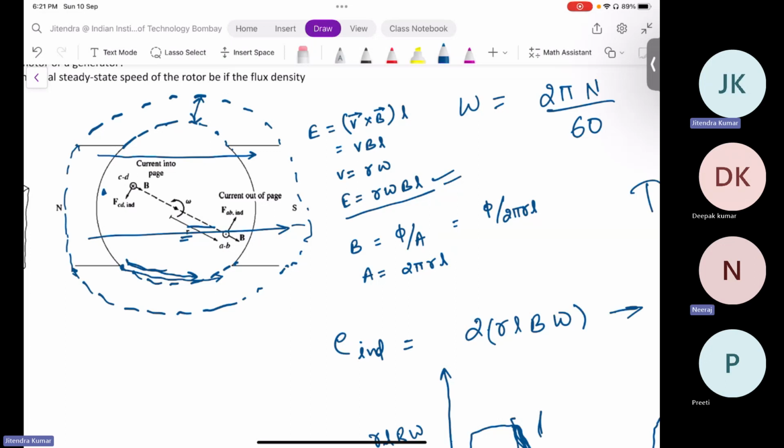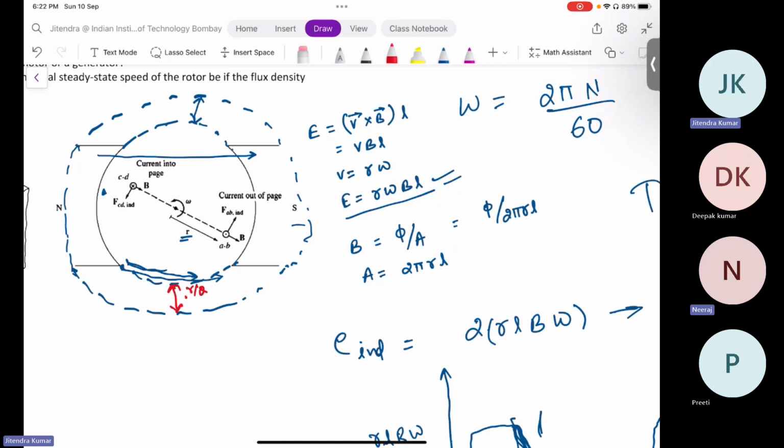This length, and the radius of the cylinder. Sorry, I think I made a mistake. Length is axial, right? This should be R by 2 here, where you are confused.